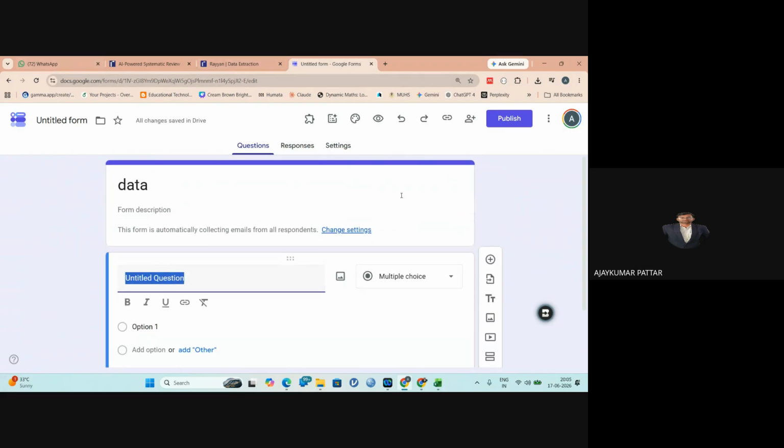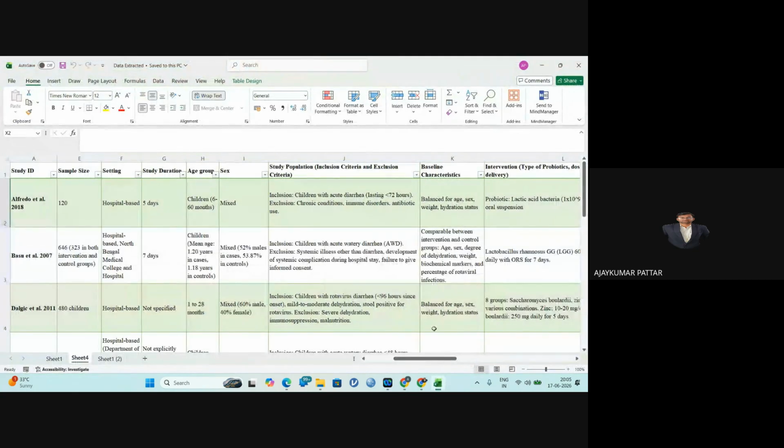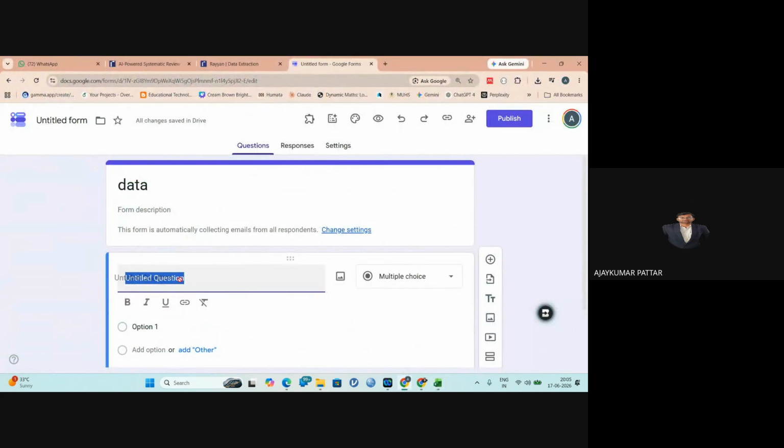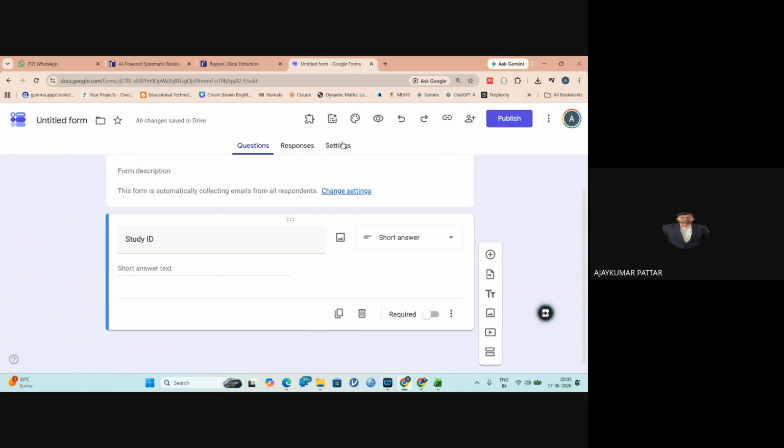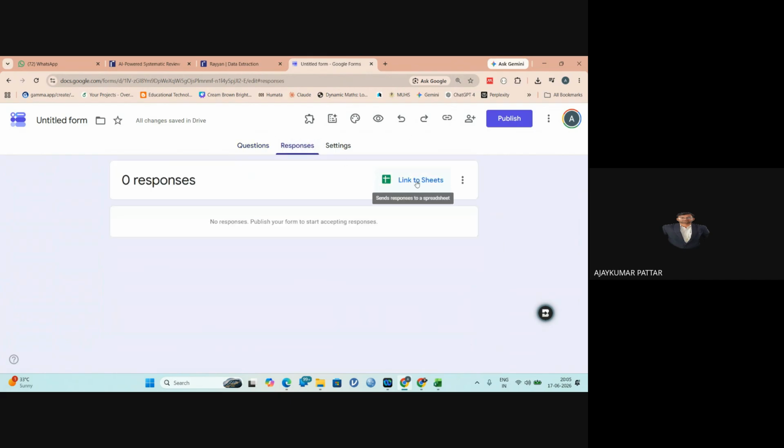The same questions we can add, like study ID: read the paper and enter the study ID. So the first reviewer will go with the first paper and enter the study ID. Then it will automatically link with the sheets.